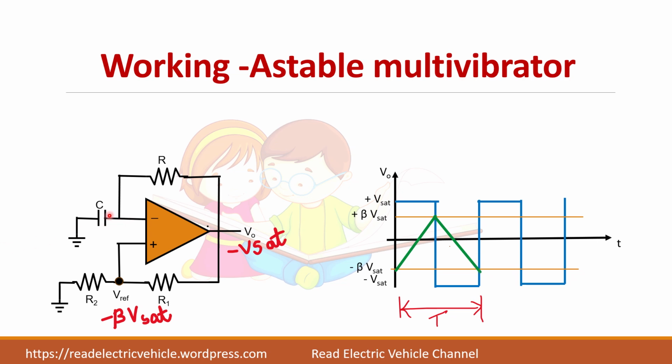Again, once it reaches minus beta Vsat and tries to go below this value, this terminal will be more positive. So the output switches to plus Vsat. So the process continues. This is how you get a continuous square waveform without any external trigger. This happens because of this RC component.